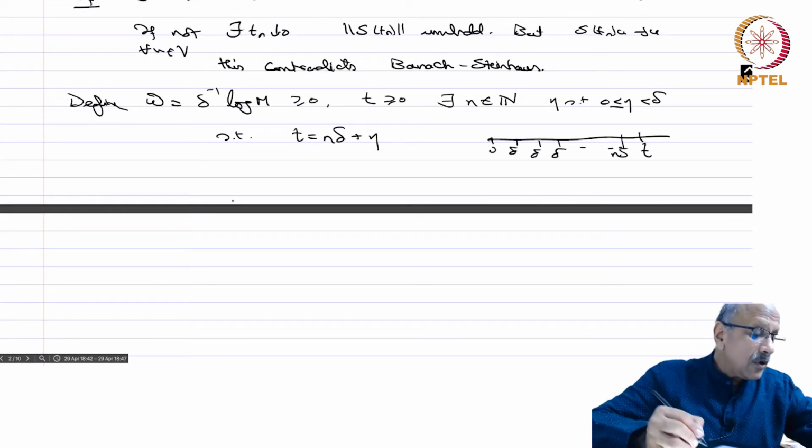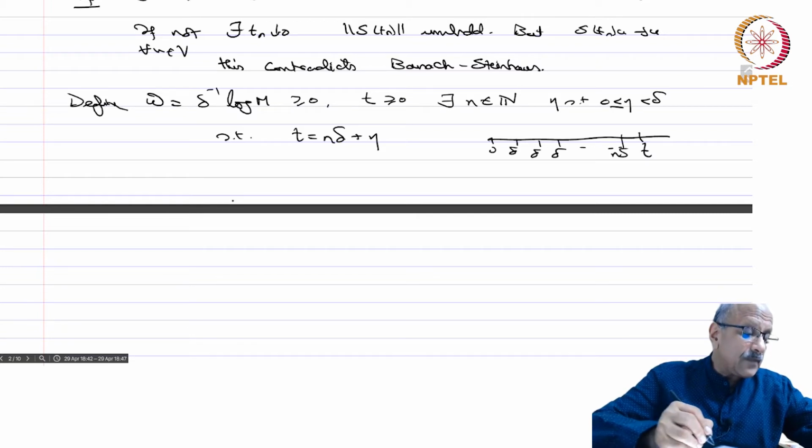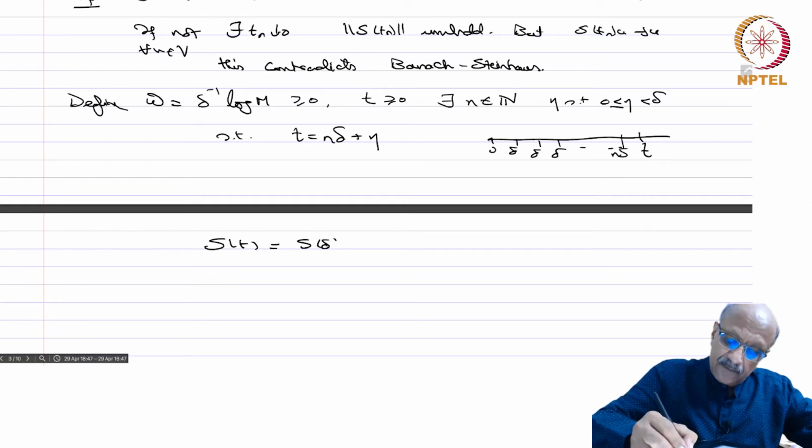So, therefore, you have S of t by the semigroup property. This is nothing but S delta power n times S eta.